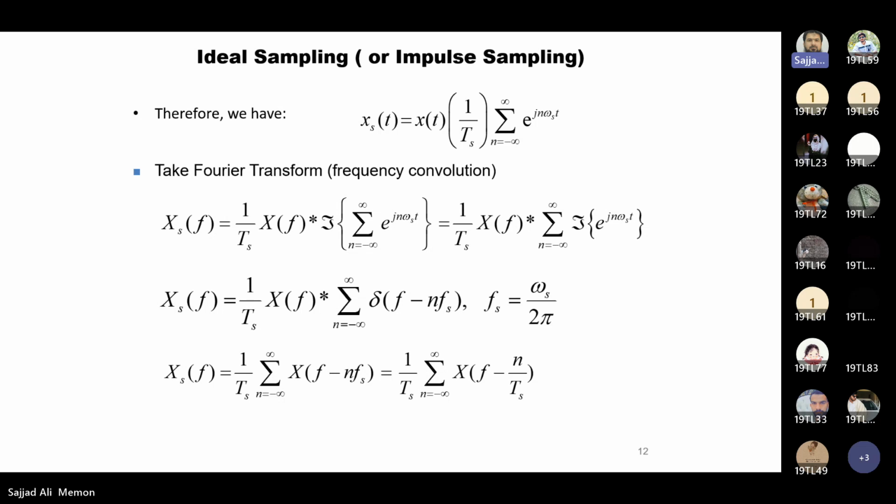So here n is the number of samples or the impulses that we want to convert the analog signal into, and this depends on the frequency of the highest frequency component in x(t).